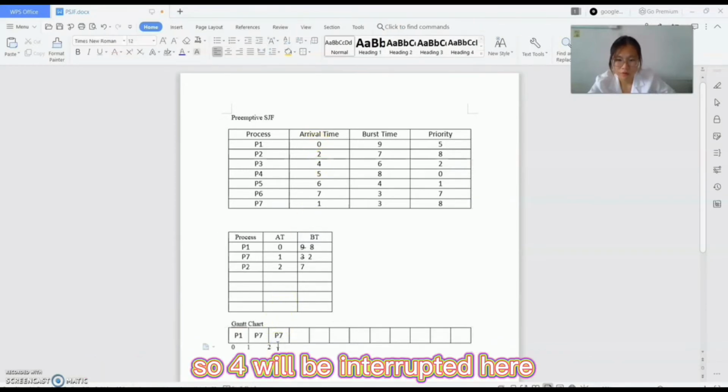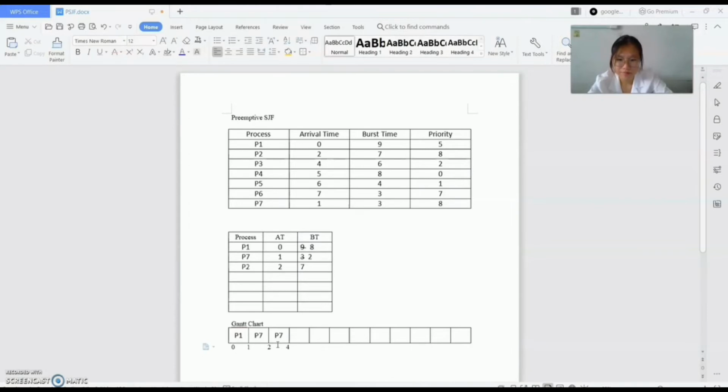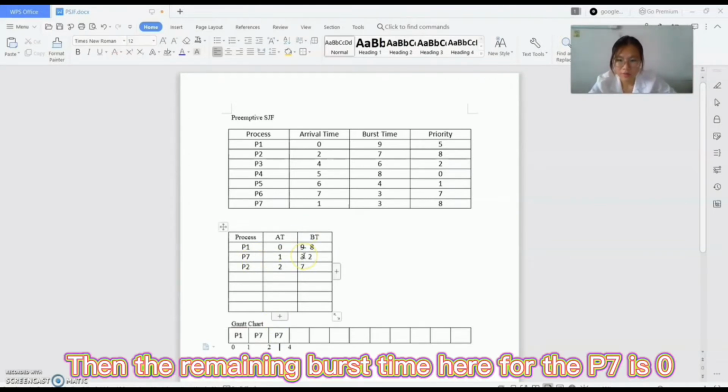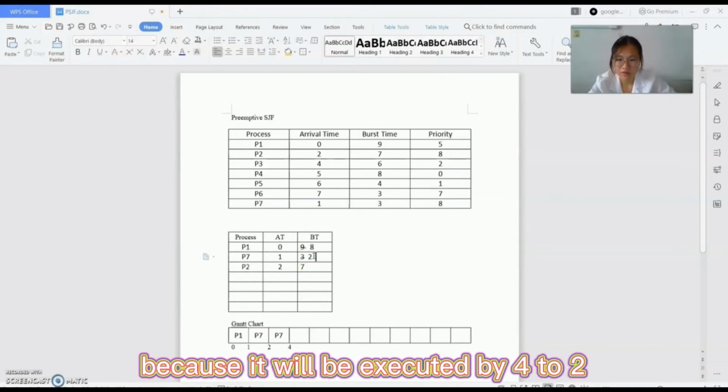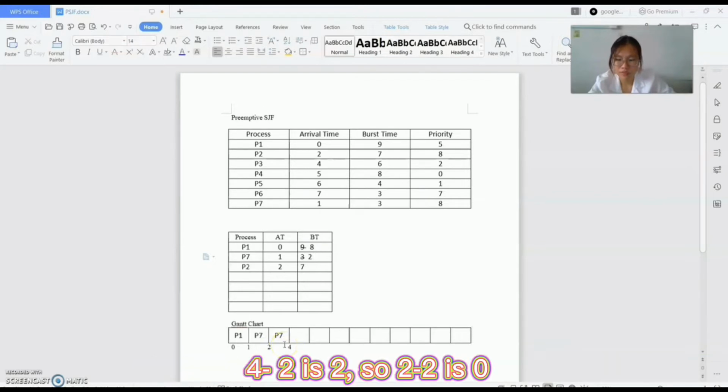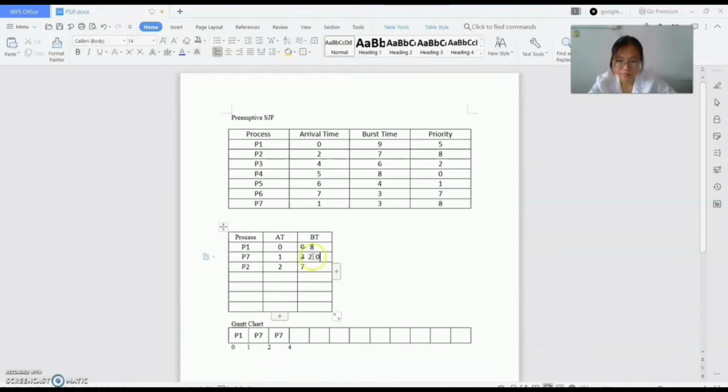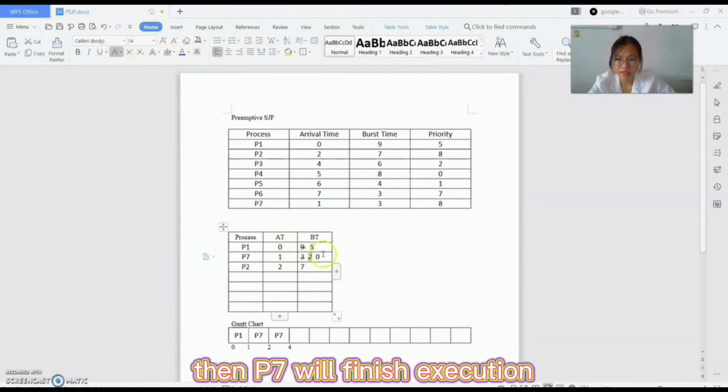So 4 will interrupt here. Then the remaining burst time here for P2 is 0, because it was executed from 2 to 4. 4 minus 2 is 2, so 2 minus 2 is 0. Then P2 will finish execution.